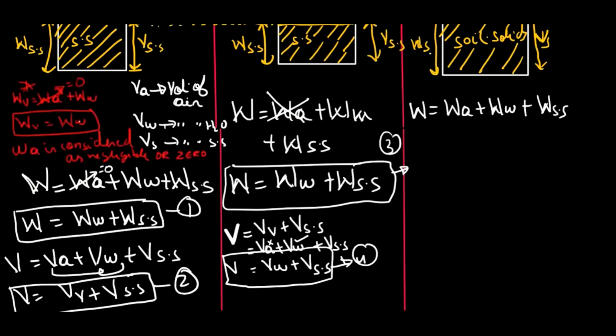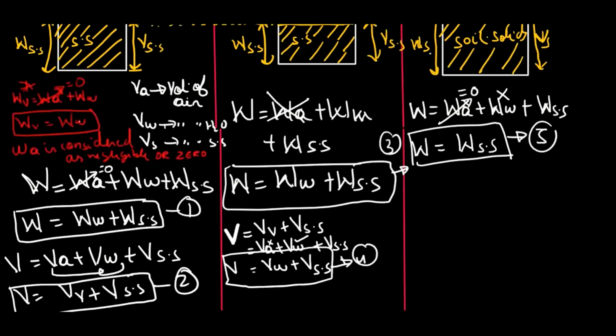Here since it is the dry condition, water will be absent, which implies weight of water will also be absent, and weight of air we consider as 0, so our equation will reduce to total weight of the soil sample is equal to weight of soil solids only. Let's number this equation as 5.